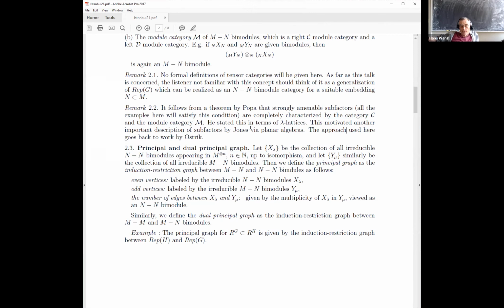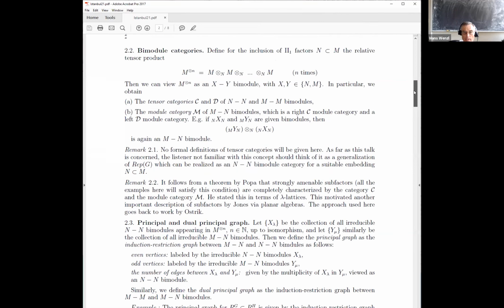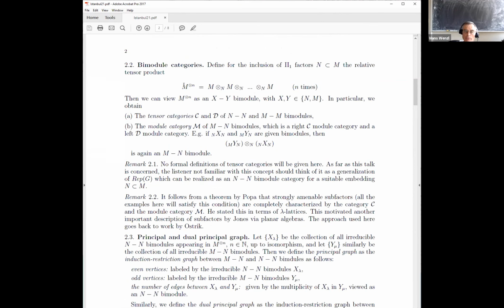All right. So, as I said, Vaughan wanted to classify subfactors, so you have to find invariants. So again, let's go back here. We have this tensor product of M tensor N, which decomposes into a direct sum of Mn.